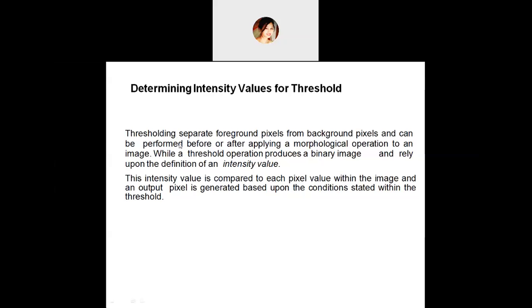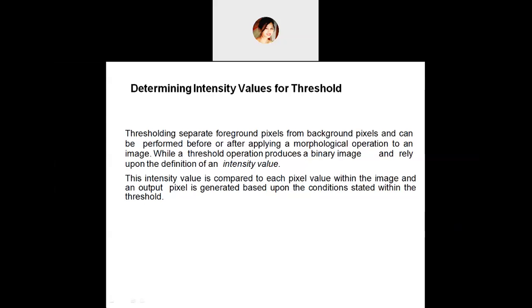So thresholding separates the foreground pixels from the background pixels, and it can be performed before applying a morphological operation to an image. While the threshold operation produces the binary images, as we already know, it relies upon the definition of an intensity value. So when you talk about thresholding, you have to remember what is a foreground pixel, what is a background pixel, what is a binary image, and finally what is an intensity value.